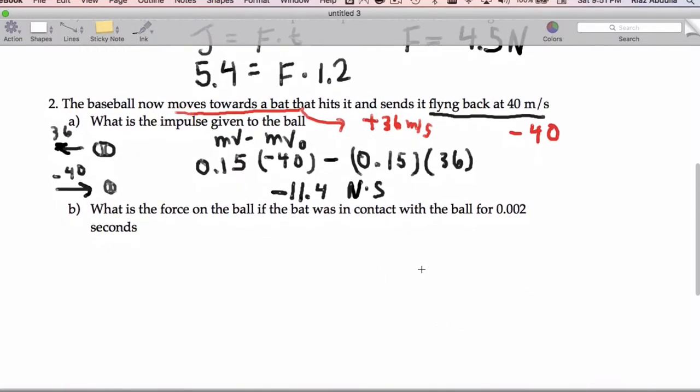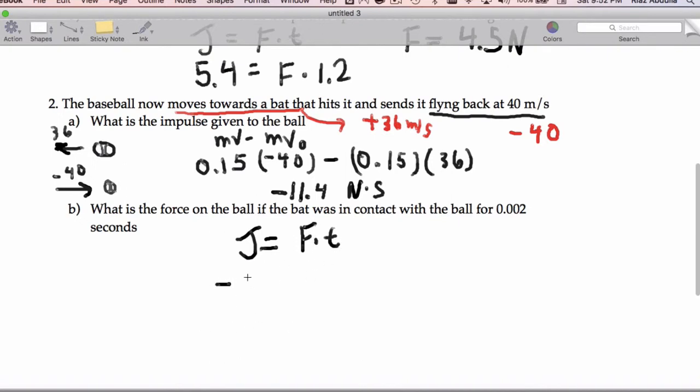Lastly, we ask, what is the force on the ball if the bat was in contact with the ball for 0.002 seconds? Now, again, we will use the impulse formula directly. J equals F times t.